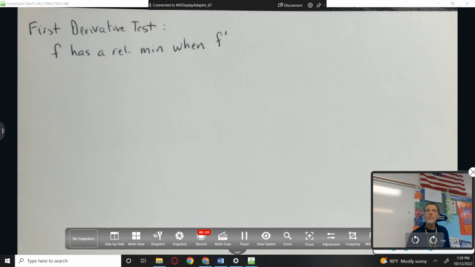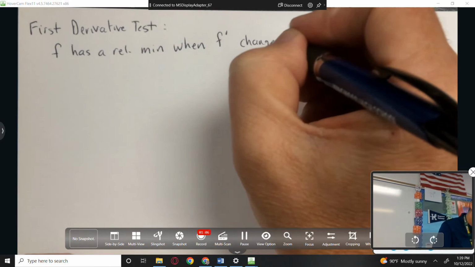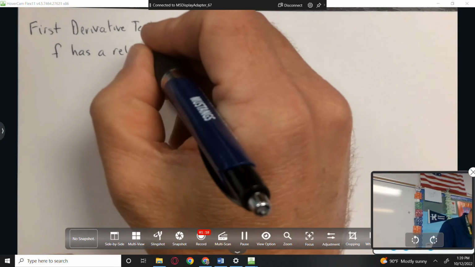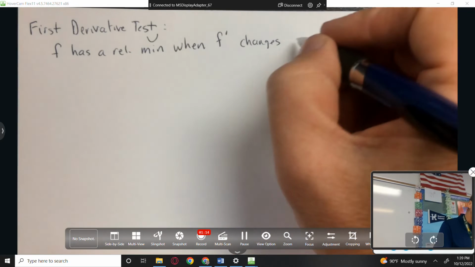F has a relative minimum when F prime changes from... If I want a minimum, it needs to change from negative to positive. Yeah, negative to positive. Maybe a little picture. Yes, a relative minimum: F prime changes from negative to positive.